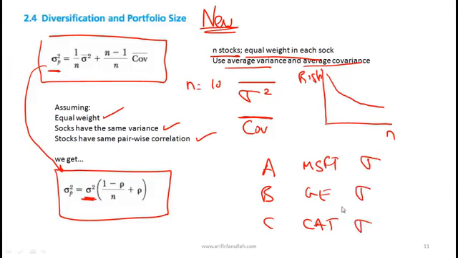They have different expected returns, but just for simplicity, let's say they have the same expected returns. And the correlation between A and B, B and C, and A and C is the same. Let's say that the correlation is 0.3. So all these are 0.3.